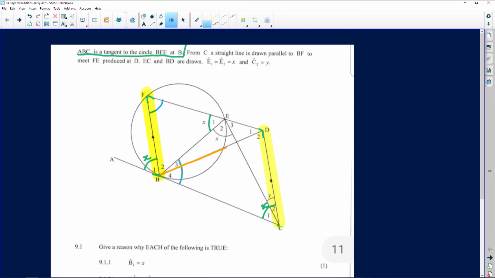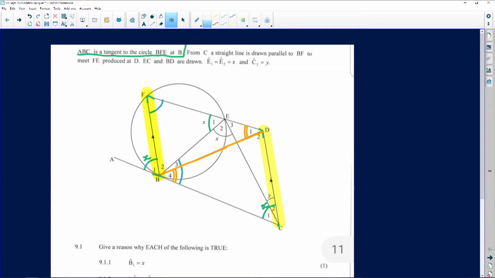BD. Now BD is a transversal that runs across from B to D, the parallel lines. So this angle here at D, I'm going to make it a little orange angle for now with two lines, is equal to the orange angle down here. Those are indeed, are they?